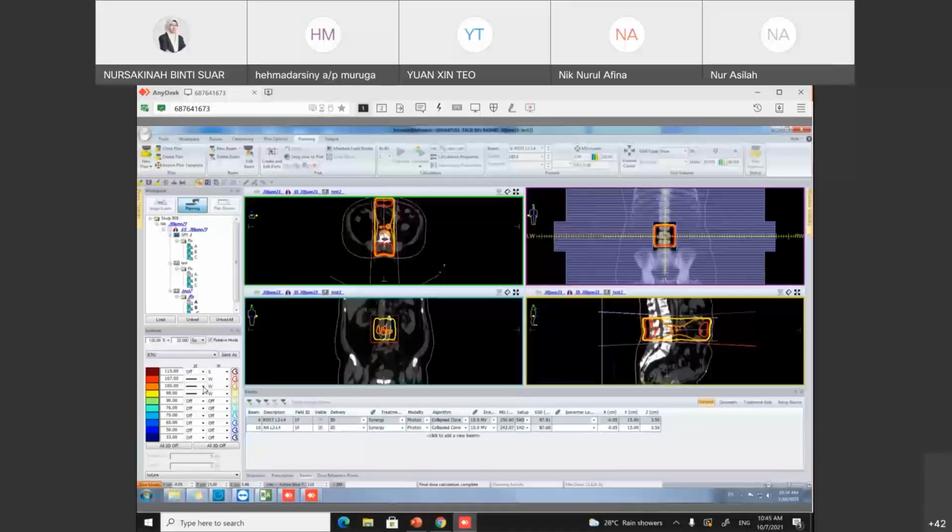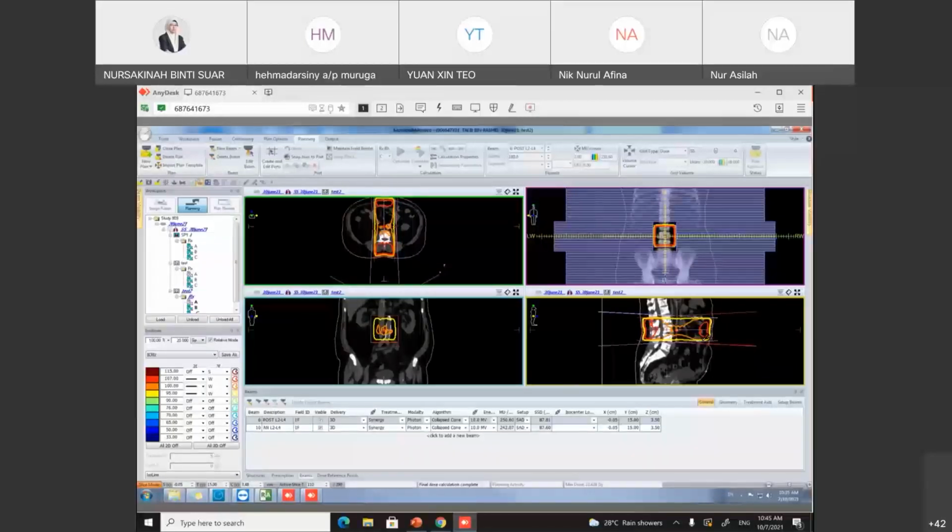So when we do the radiotherapy, the dose goes into the intestine where the patient may have diarrhea afterward, but mostly it's very little, only 12%. So normally for a palliative case, the doctor understands this kind of situation, so they will just accept it, because this one is a palliative case.